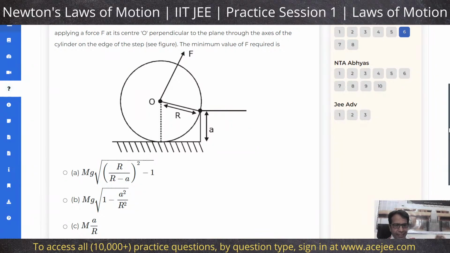A uniform cylinder of mass m and radius r is to be pulled over a step of height a, where a is less than r, by applying a force F at its center O perpendicular to the plane through the axis of the cylinder on the edge of the step. The minimum value of F required is how much?